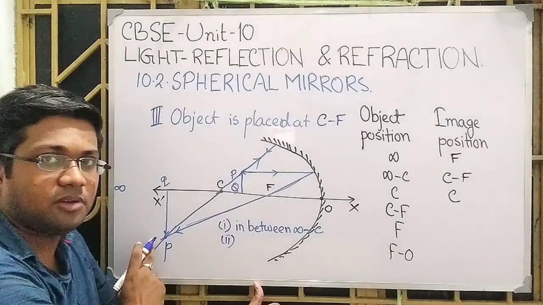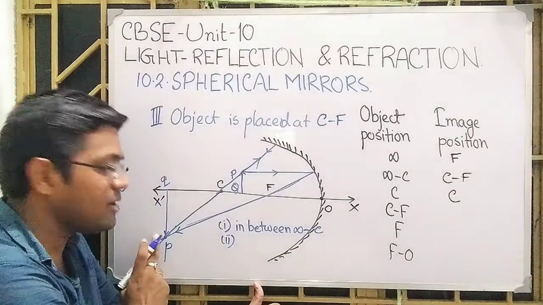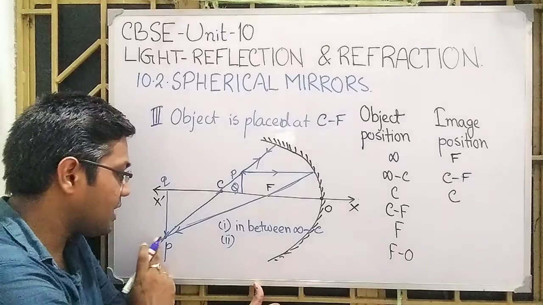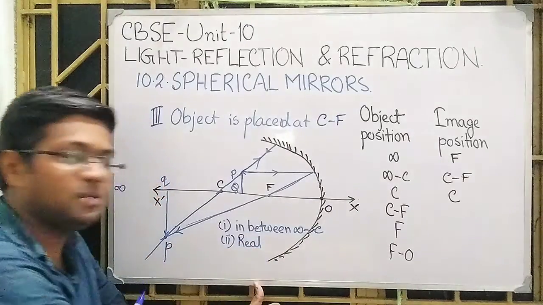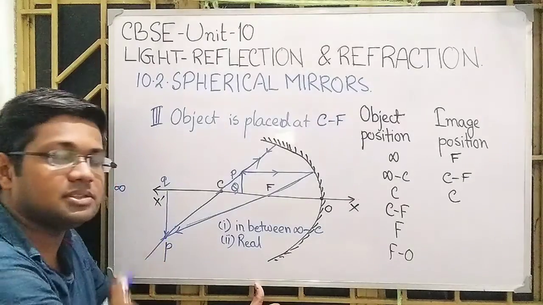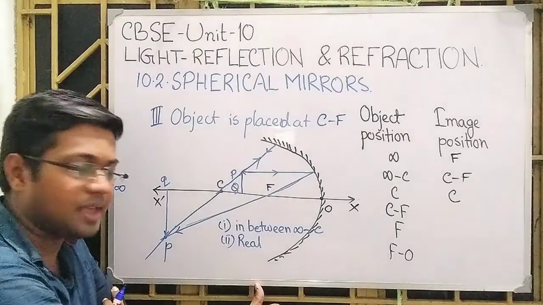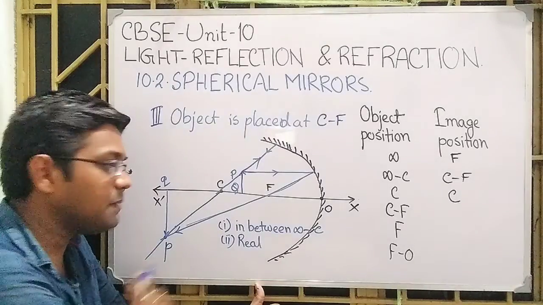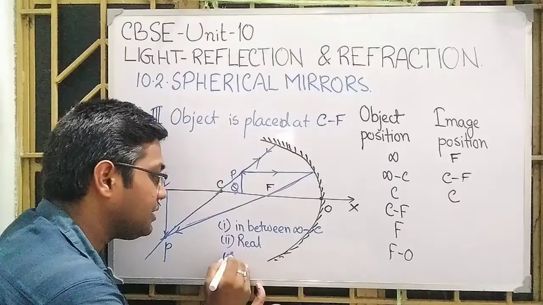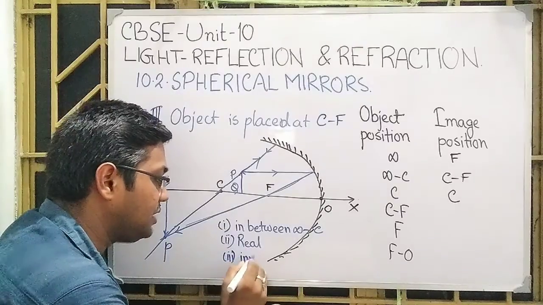Obviously, because it is formed by the intersection of the two reflected rays, so it is real. It is inverted. Yes, obviously it is on the downside of the principal axis. Okay, so we can say it is inverted.